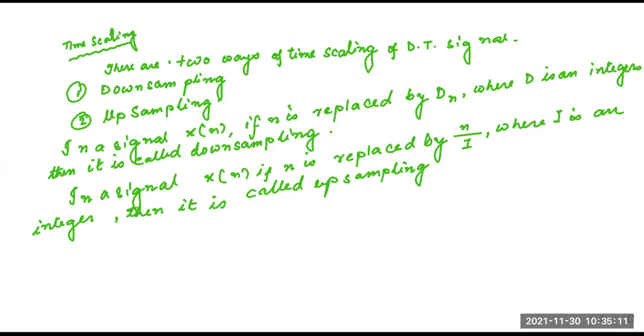Sorry for the disturbance. Where I told, in a signal x[n], if n is represented by n by I, where I is an integer, then it is called upsampling. Let us give an example so you can understand what is downsampling and what is upsampling.